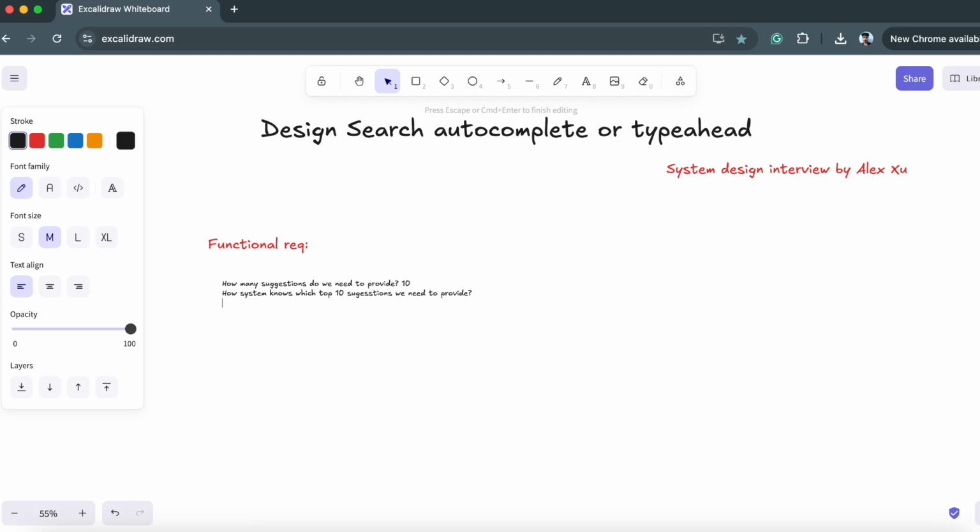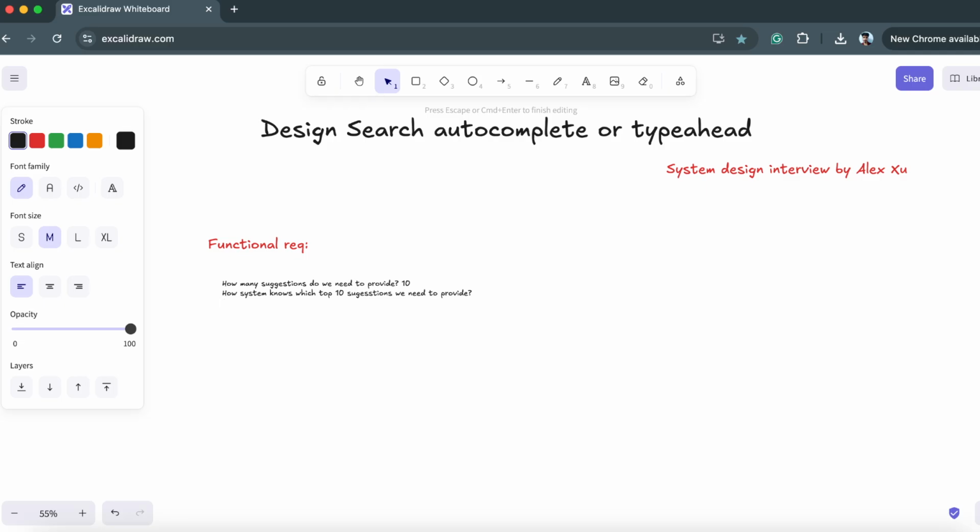We get the answer that it is based on popularity or the frequency of that particular word. Based on that, we have to collect the top 10 suggestions, and we need to provide them in order of popularity. That is the answer we may get at this point in time.